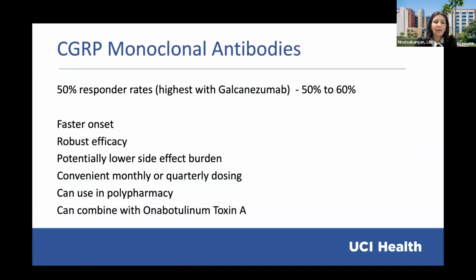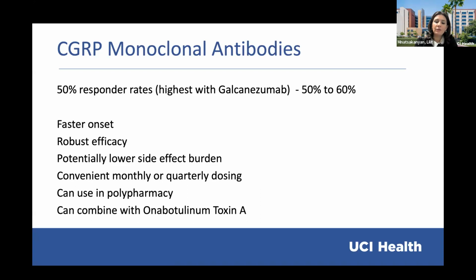So what is the advantage, again, for this new group of medications, the CGRP monoclonal antibodies? They showed a high 50% responder rate. Basically, over 60% of people showed 50% or more headache reduction. Other advantages were that these medications had faster onset, a robust efficacy, and potentially lower side effect burden.